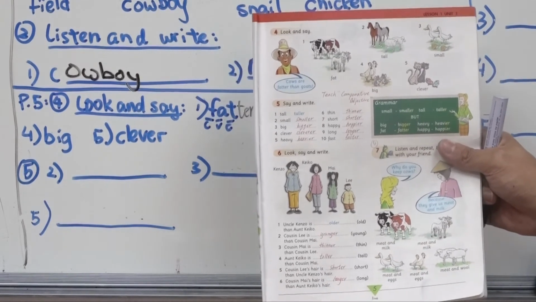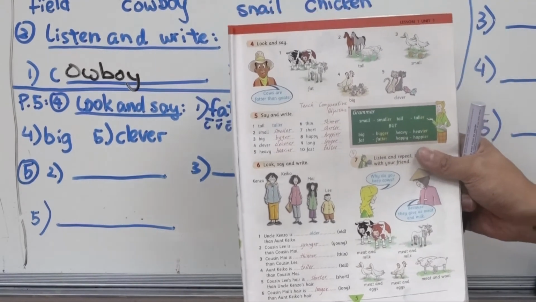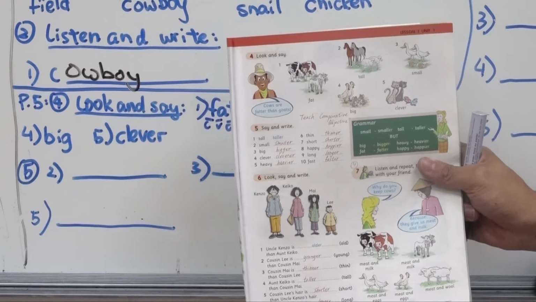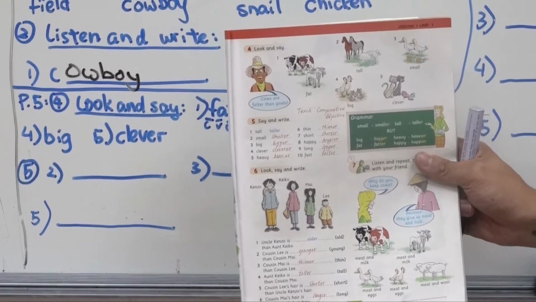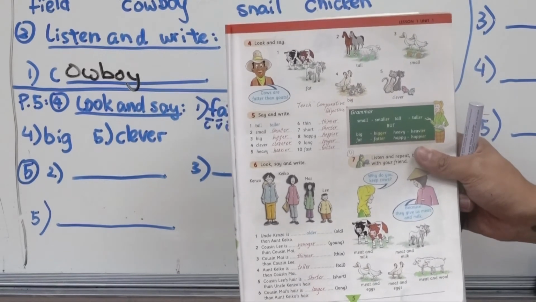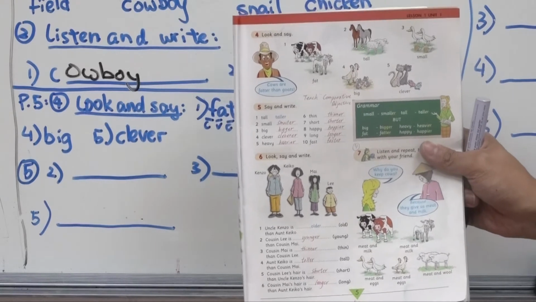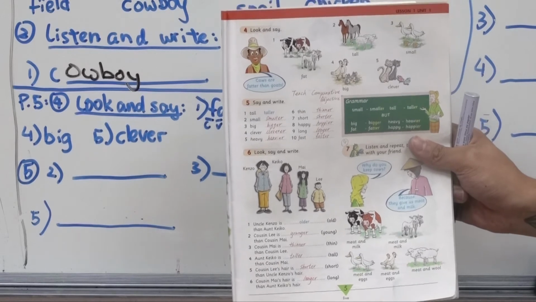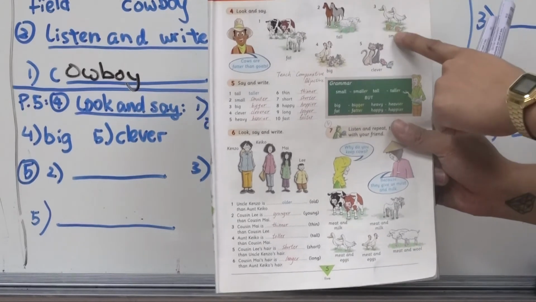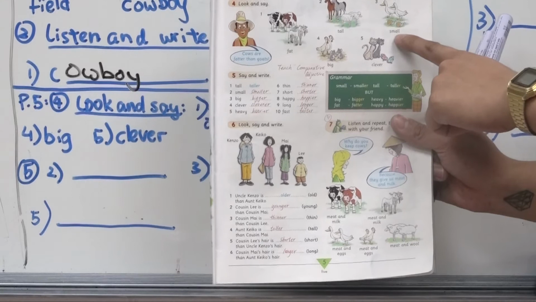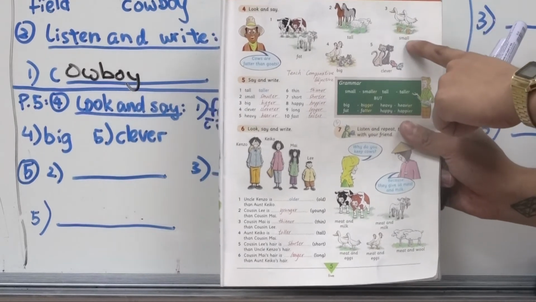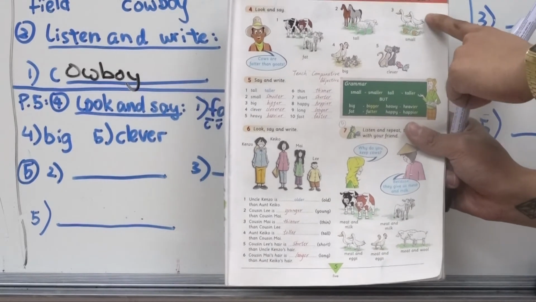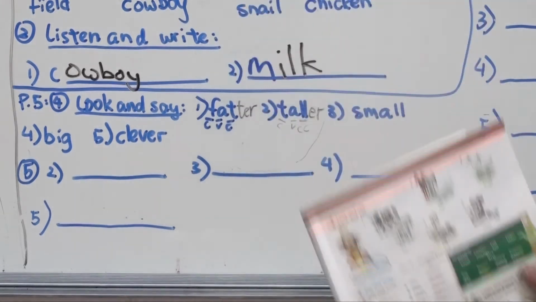Can you try to use the word smaller than? Number 3. Snails are smaller than ducks. Very good. Snails are smaller than ducks.